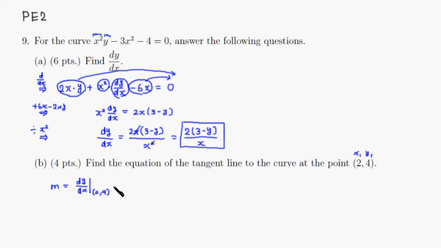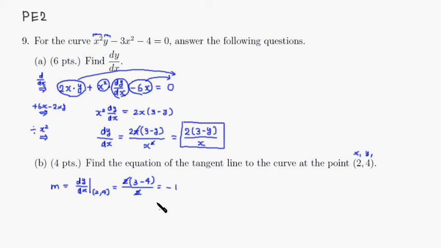So we just plug in x equals 2 and y equals 4. You're going to have 2 times 3 minus 4 over 2, and the 2 and 2 cancel out, so you have 3 minus 4, which is negative 1.